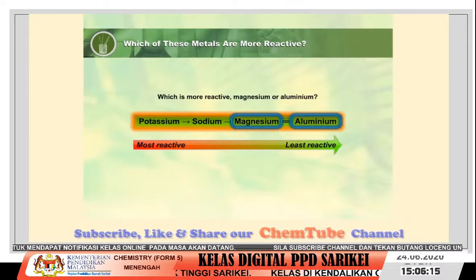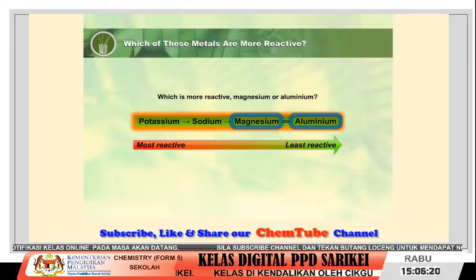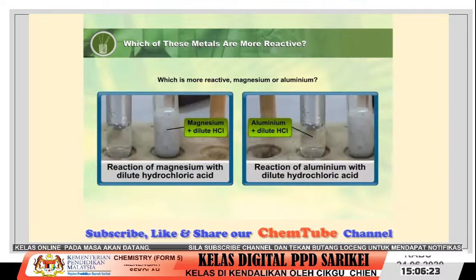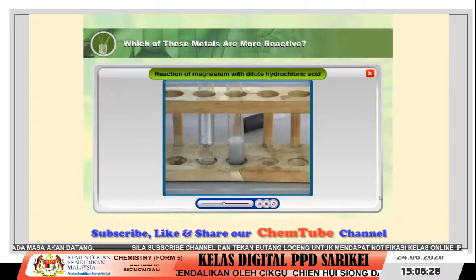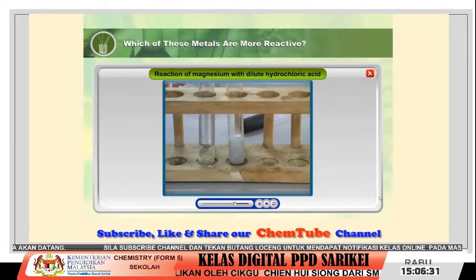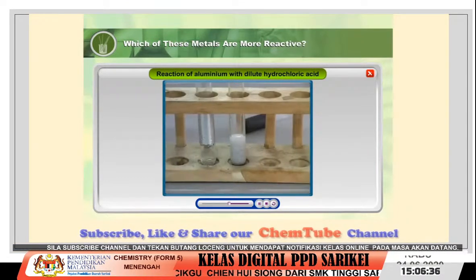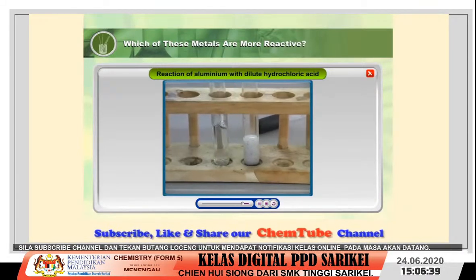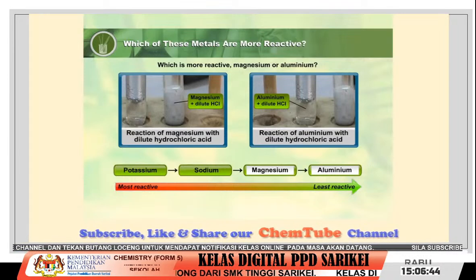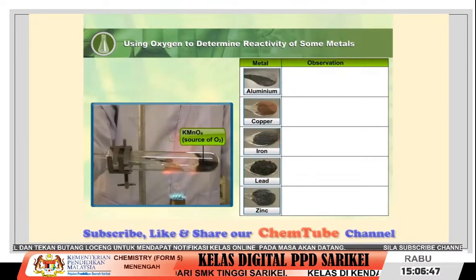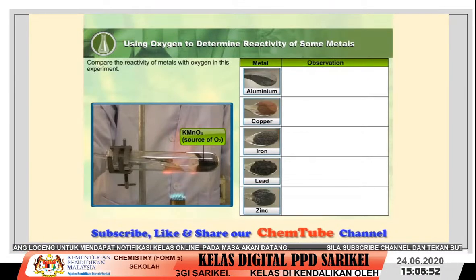To find out whether aluminium or magnesium is more reactive, we check out the reactivity of the two metals with dilute hydrochloric acid. Let us find out how to include other metals in this reactivity series. Let's do a lab activity to compare the reactivity of metals with oxygen.